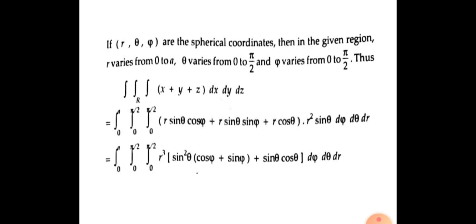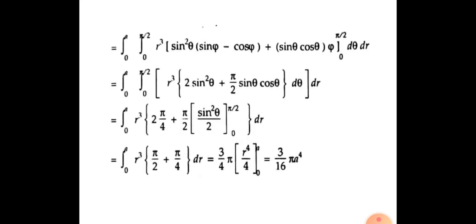When integrating with respect to phi, r cube sin square theta is constant, integration of cos phi is sin phi, and integration of sin phi is minus cos phi, plus sin theta cos theta constant, integration of d phi is phi. So that is r cube sin square theta, sin phi minus cos phi, plus sin theta cos theta into phi.